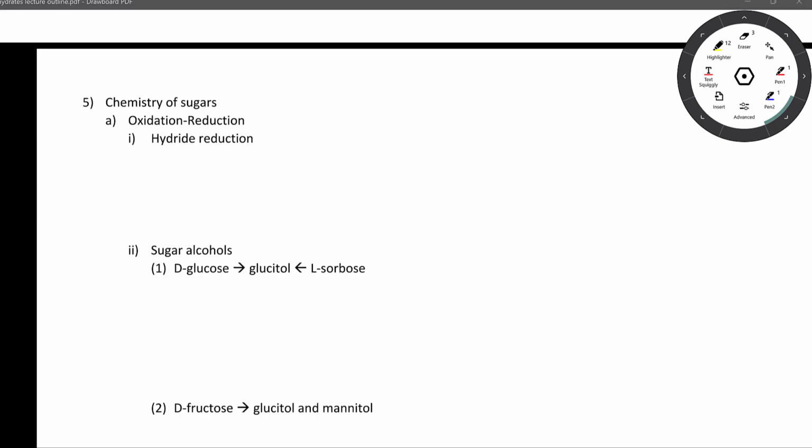Many of the reactions that we're looking at are redox reactions, and so you can do hydride reductions. So, for example, borohydride or lithium aluminum hydride. When you do a hydride reduction of a sugar, it follows the same mechanisms that you've learned before. So let's take glucose, for example. So we'll draw glucose like this.